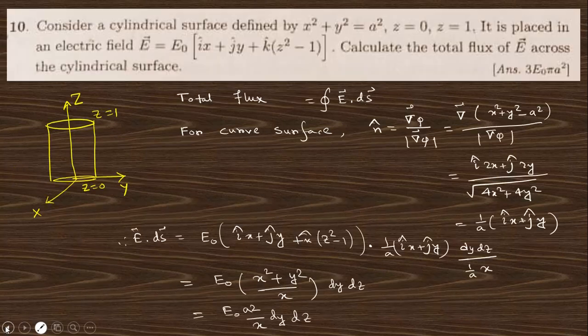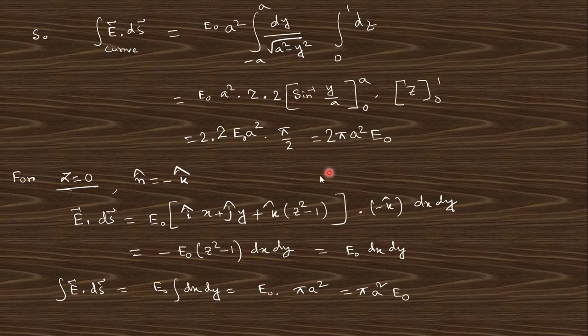Or if you want to find out the individual flux through the surface, for the curved surface, you can find out n cap, and after that if you do the surface integral, you can find out very well the surface integration, because in the first semester you know the solution from Spiegel, in which the method you can use this electric field, and you will get this expression.